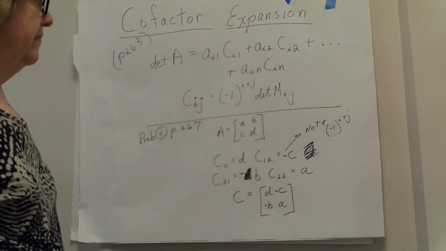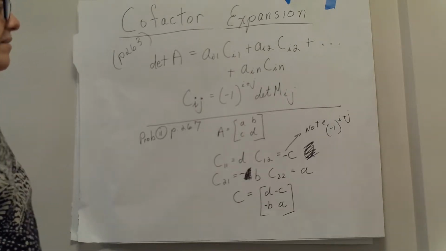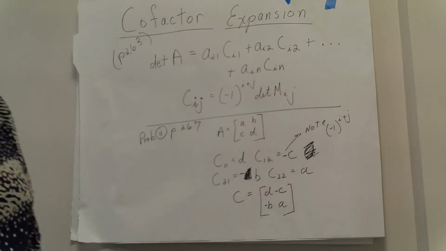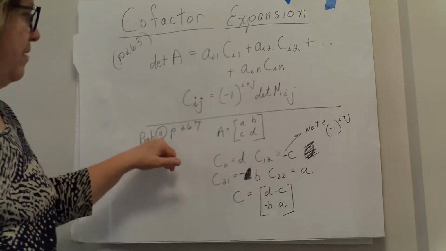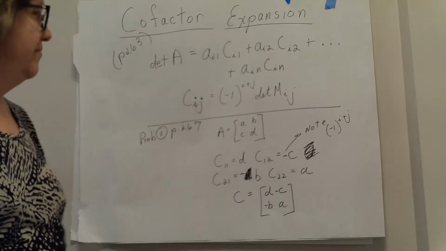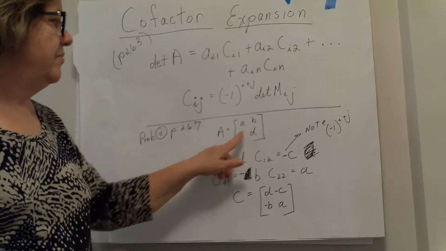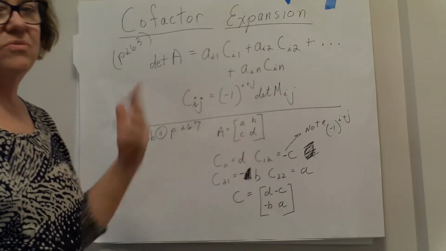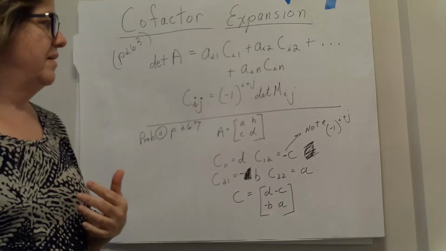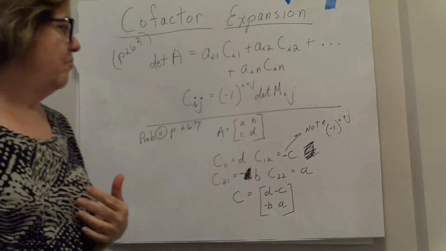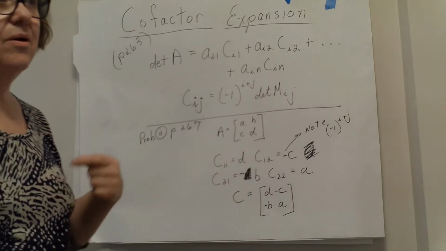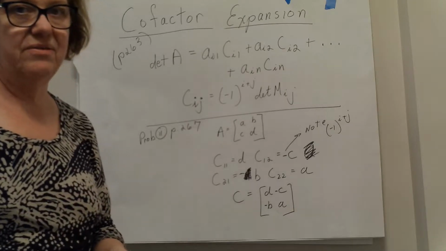So, okay, let's do an example. Problem 11 on page 267. He gives you the usual 2 by 2 matrix. And he says, write out the cofactor matrix.